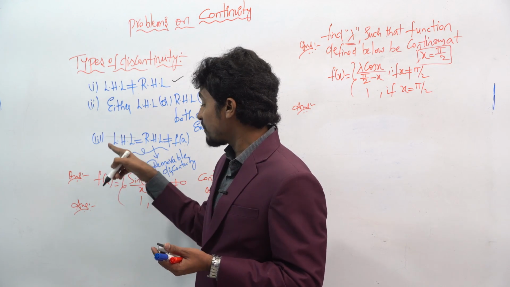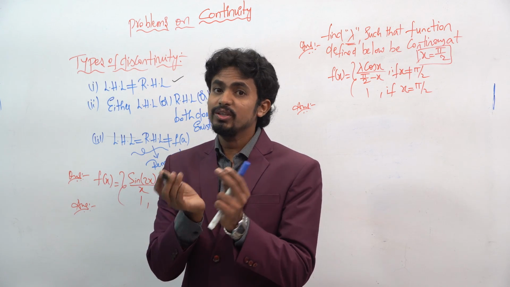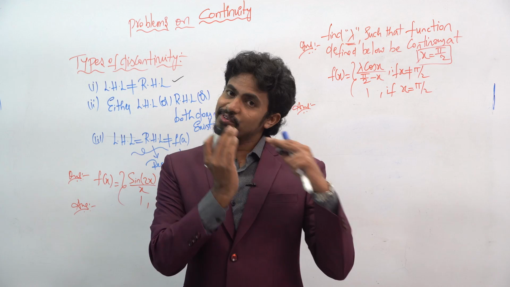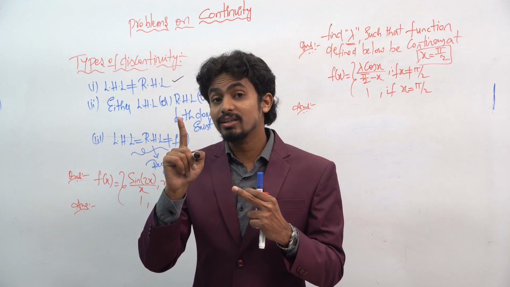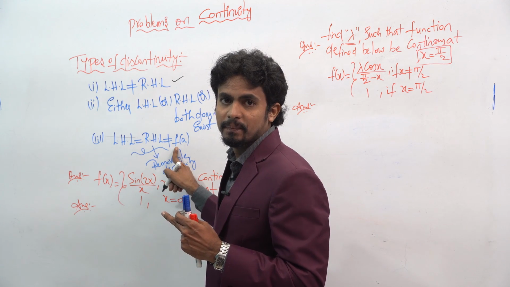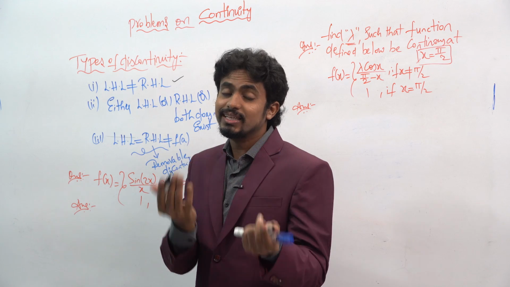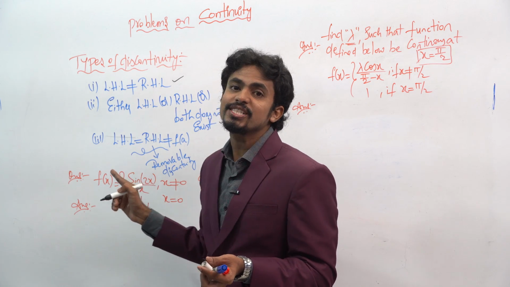For example, the third discontinuity is where the left hand limit is equal to the right hand limit, but it is not equal to f of a. That type of discontinuity is said to be a removable discontinuity.